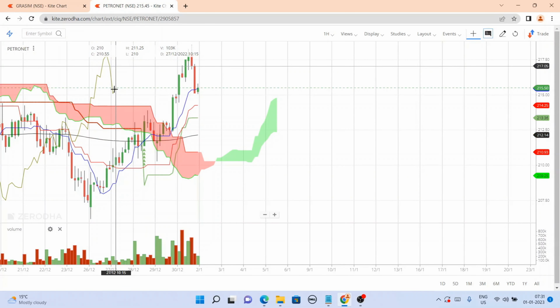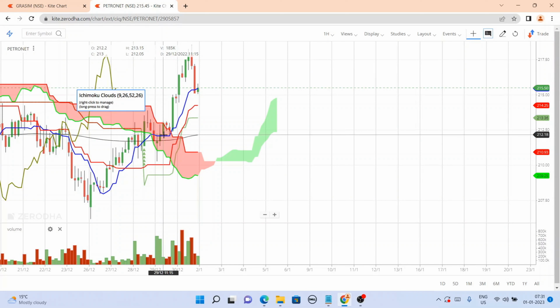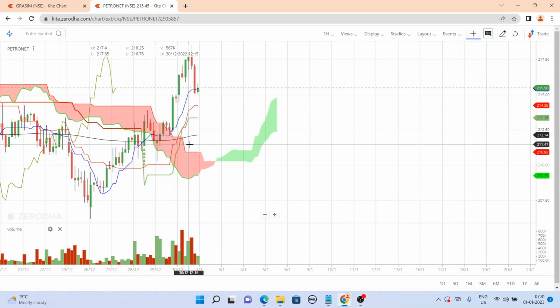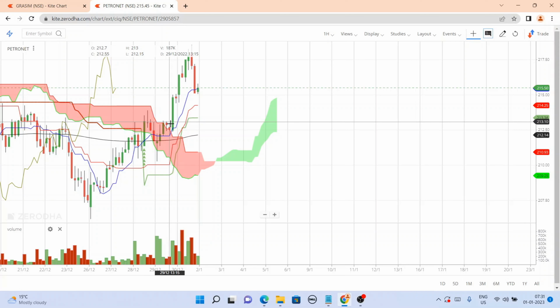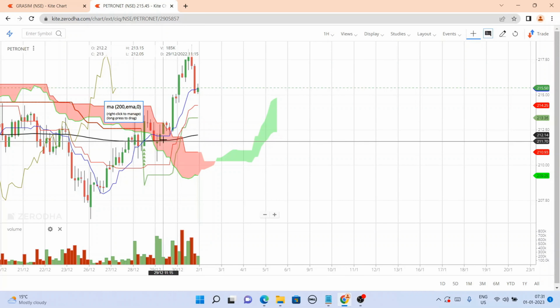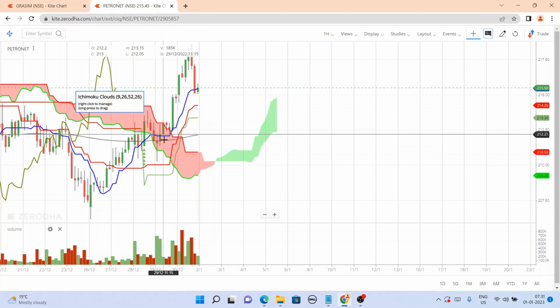Here you have an example of a long trade which is on Petronet. One interesting thing to note here is the stock has already closed above the Ichimoku cloud, and super trend is actually showing an upward momentum as you can see here, and my stock price of course is above EMA 200.